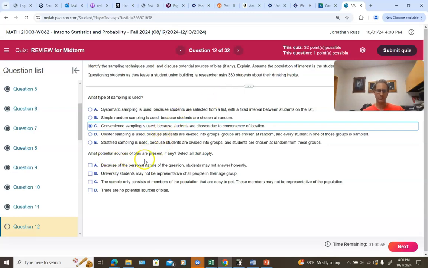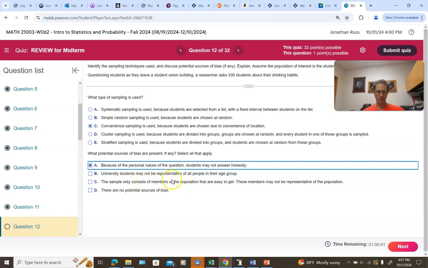Now, what potential sources of bias are present, if any? Let's see here. Well, here's one. It says, because of the personal nature of the question, students may not answer honestly. I'm going to go with that one for sure. University students.